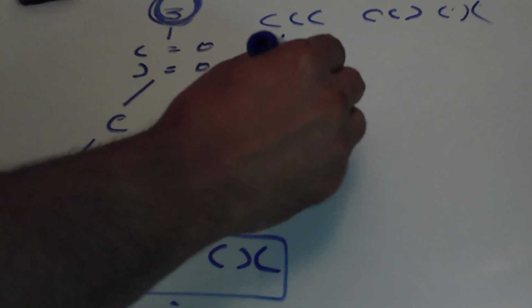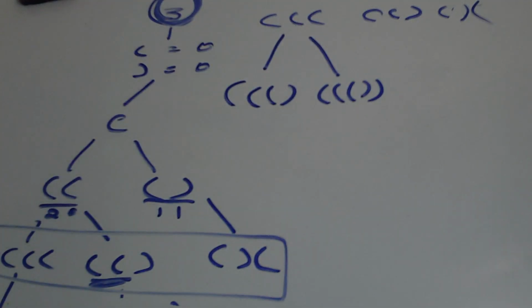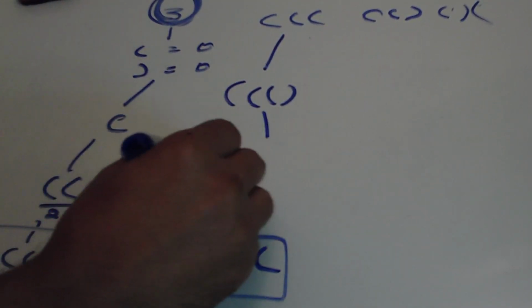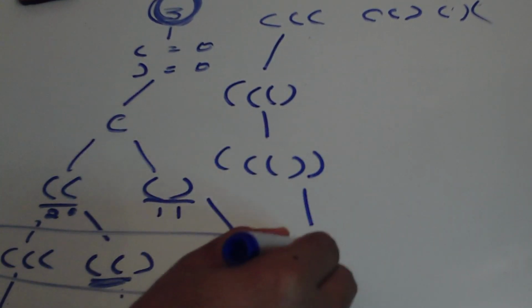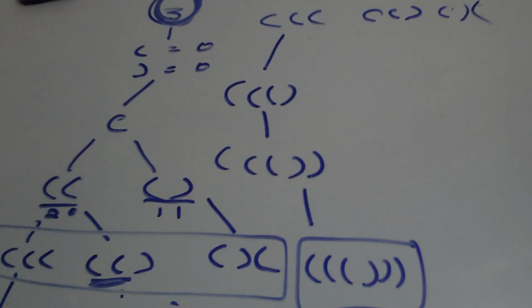Here we can also add 2 closing. Here only closing 1, here also 1 1 1 2 2, and it becomes 1 1 1, this one. So when the number of opening and number of closing become the same, we can push it to our result.